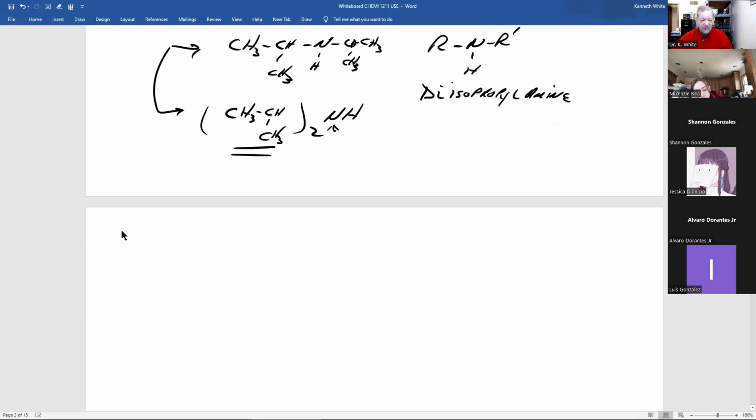Well, in that case, let's try this. What would be the common name for that molecule? Remember, 2 is di, 3 is tri.